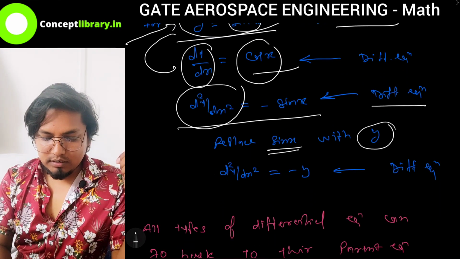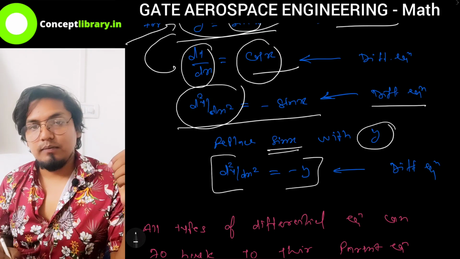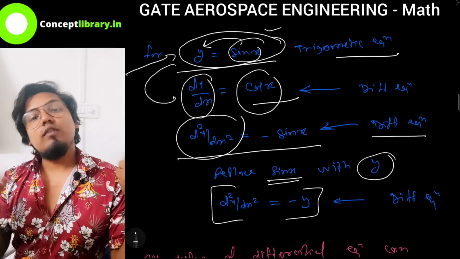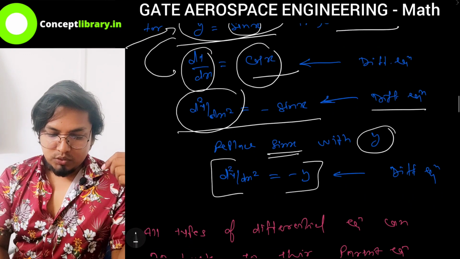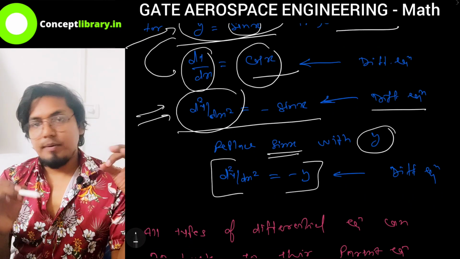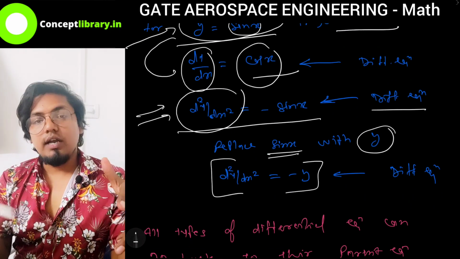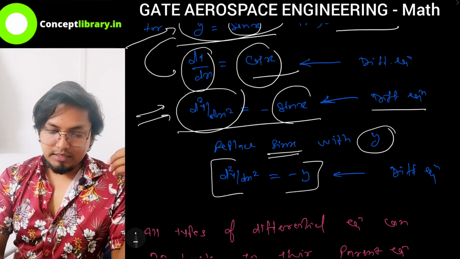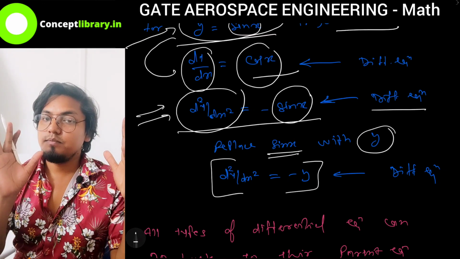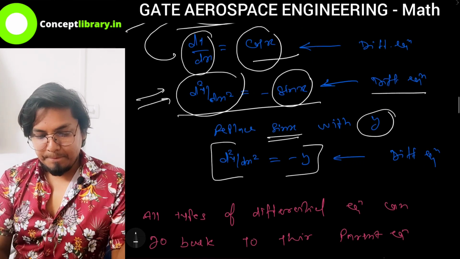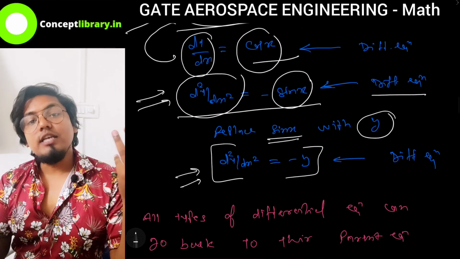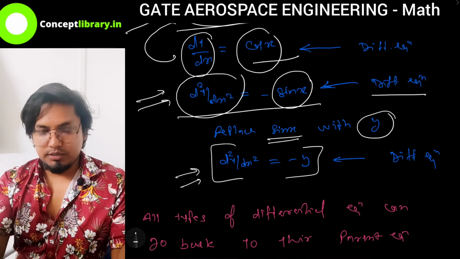So I am getting d2y by dx square is equal to minus y. Okay. So again, this is also one kind of differential equation. For example, in the earlier differential equation d2y by dx square, you have sin x present, means function of x is also present. But in the last one, d2y by dx square, y is present, right? That sin cos is not present.